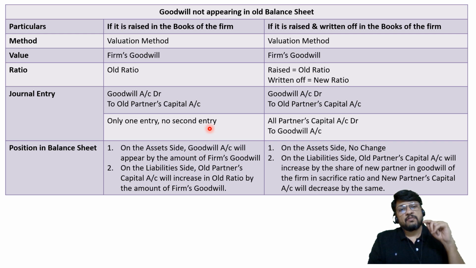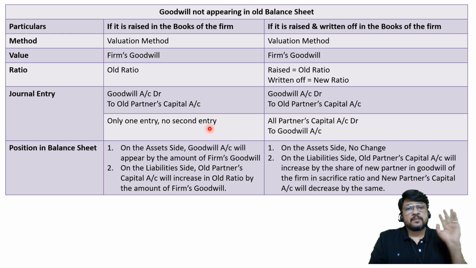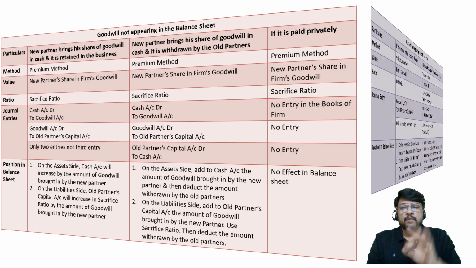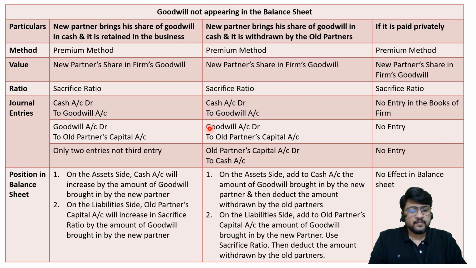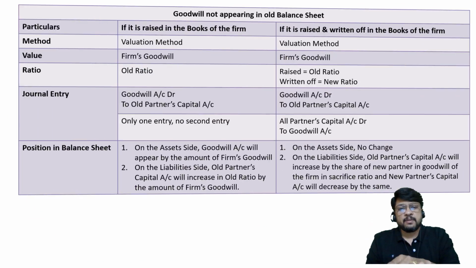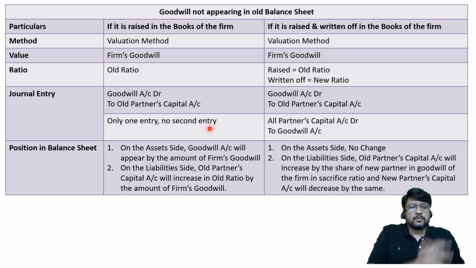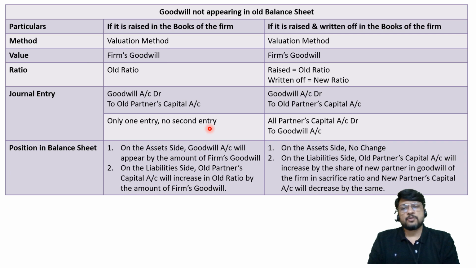In that case, for raising, we will use old ratio, and for writing it off, we are going to use new ratio. So here we are not using sacrifice ratio. We are using old ratio or old ratio along with new ratio, but we are not using sacrifice ratio. So premium method, always sacrifice ratio. And valuation method, either only old ratio or old ratio along with new ratio. Hope you have understood the idea.